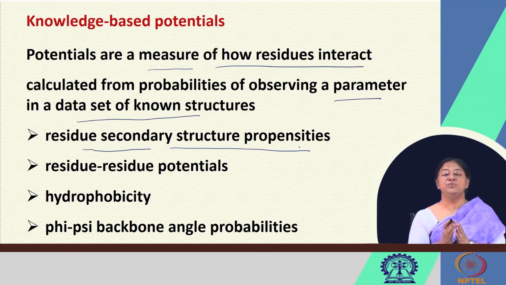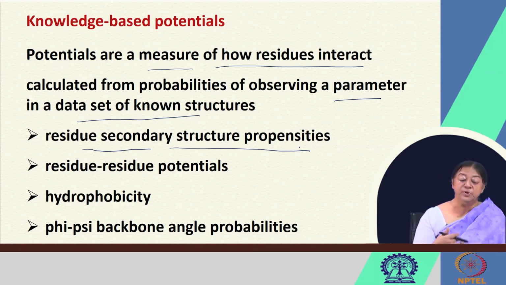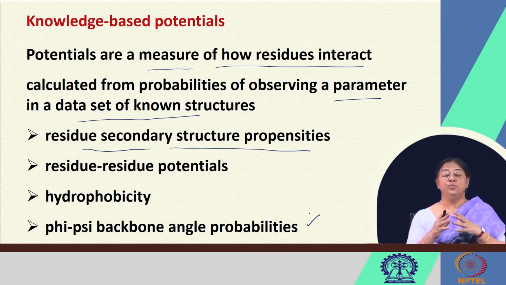There are some residues that would prefer to remain in a beta sheet, and there are some residues that are helix breakers or helix makers, and so on and so forth. So, these would contribute to our knowledge of the structural aspects of the specific residues. In addition, we know the hydrophobicity factor, there is a steric factor, there are residue potentials, and there are phi-psi backbone angle possibilities, that we know we have specific regions of the Ramachandran plot that are allowed for specific conformations.